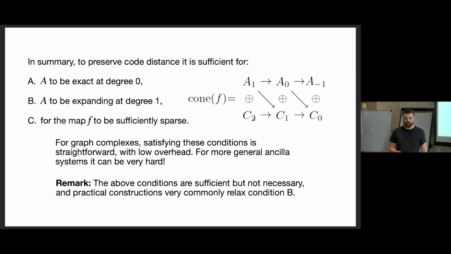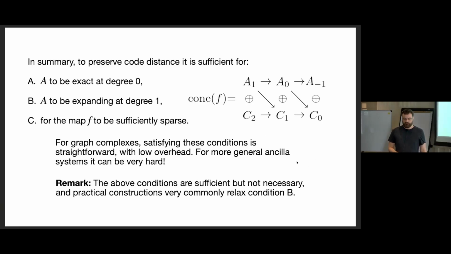However, if we want to do something that's more parallel, or some kind of single shot surgery or anything of that nature, then we really need our A to be something other than a simply connected graph, because it can only measure one logical at a time. And constructing good ancilla systems is, at least asymptotically, really, really hard. And it's kind of connected to the fact that it's hard to construct systolic expanders as opposed to expander graphs.